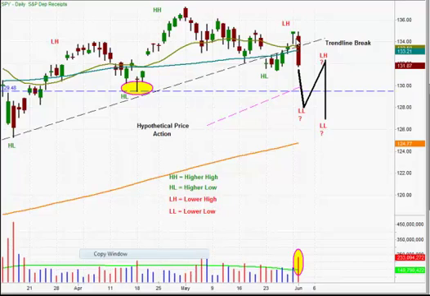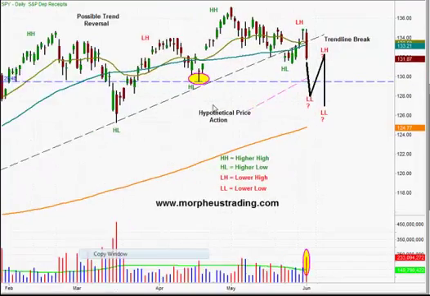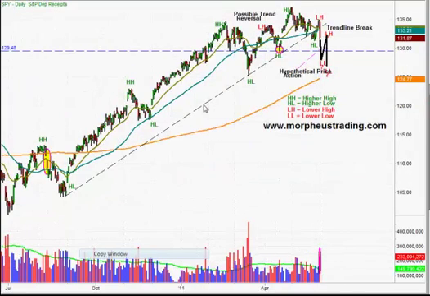Within a single candle, we took out 3 days' worth of rally. These 3 days of rally were wiped out in one candle. And in fact, this price move in the S&P is the largest price move since August the 11th of 2010.